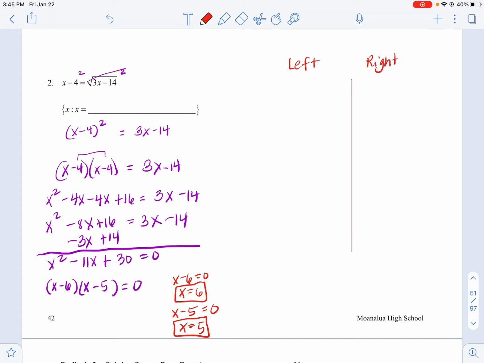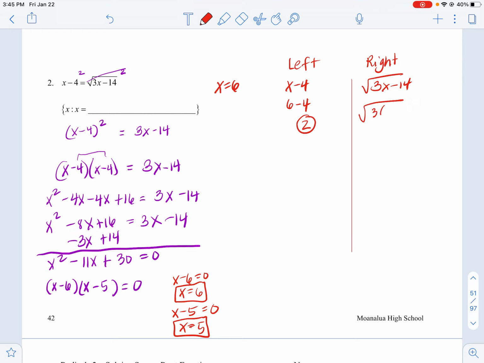Okay, let us plug in x equals 6. And let's see if we plug in x equals 6, will the left and the right side have the same answer. So let me write the original equation first, and we'll plug in 6. So that's 6 minus 4, that's a 2.